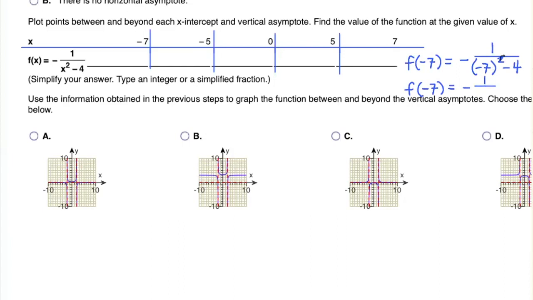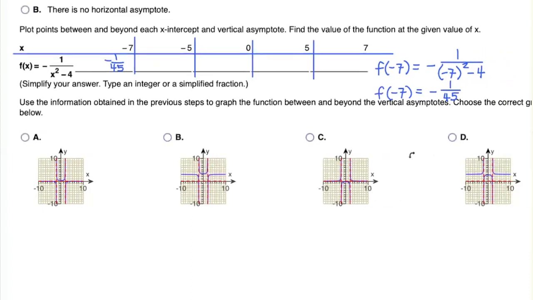I have -7 squared is +49. Take away 4 is 45. And there's no reason to get a decimal for that. That fraction is as reduced as it's going to get. So that would be my answer for the first blank. You would continue doing this all the way through the table.